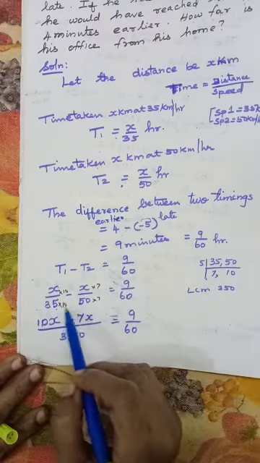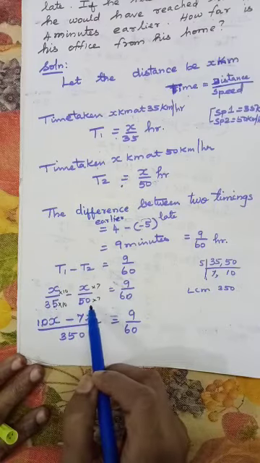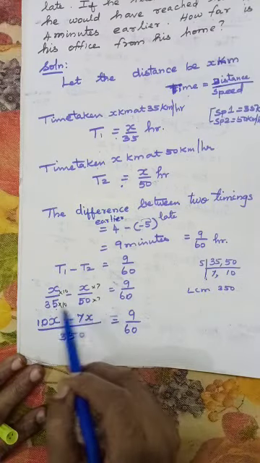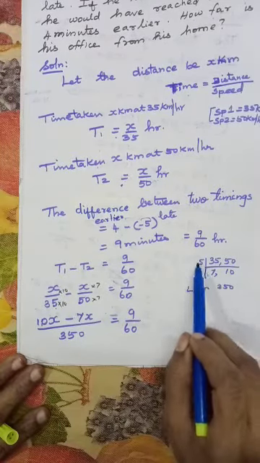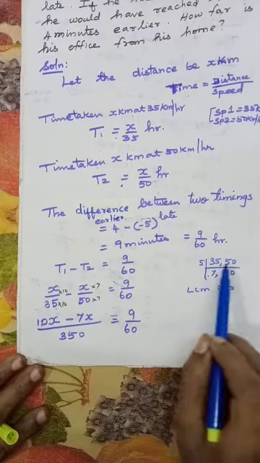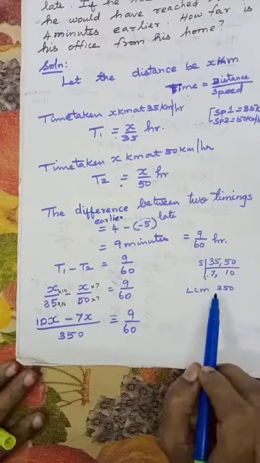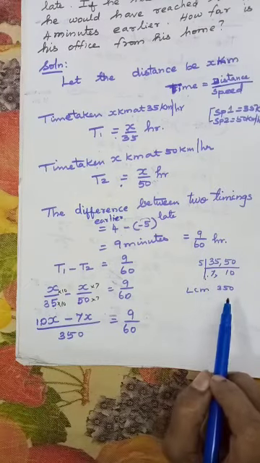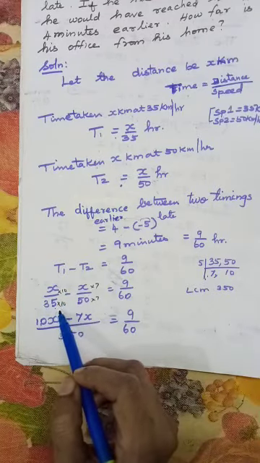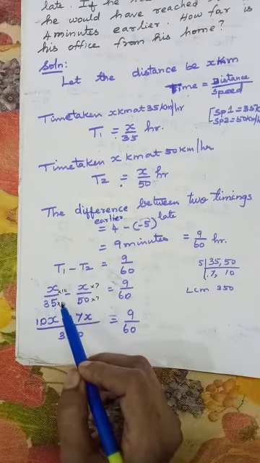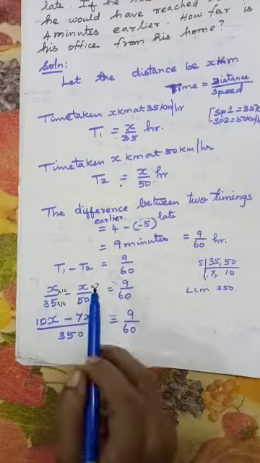Now you have to find the LCM of 35 and 50. 7 5s are 35, 10 5s are 50. So the LCM is 350. So 35 into 10 is 350, so you multiply numerator and denominator by 10.